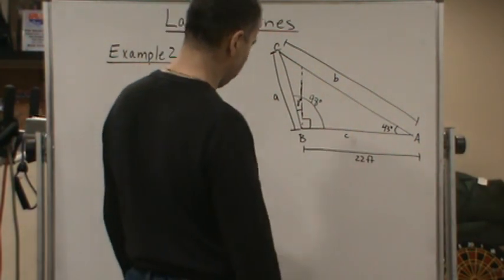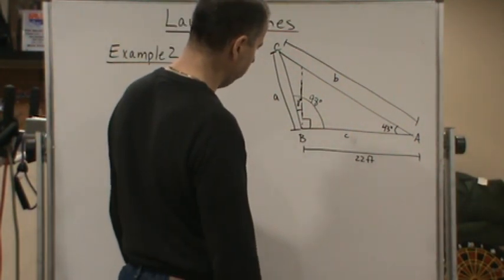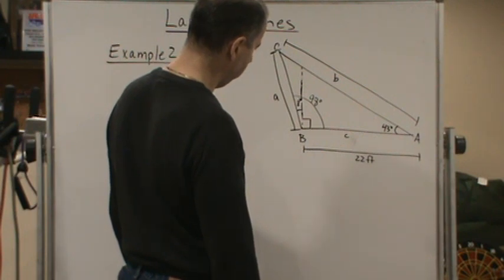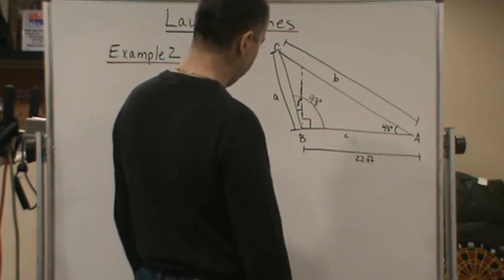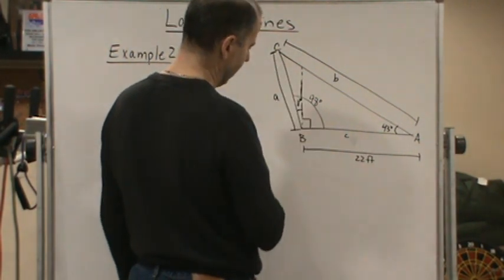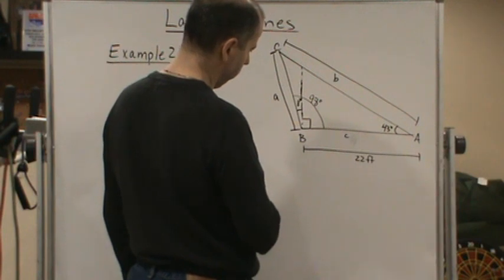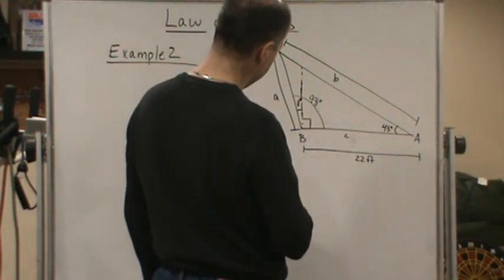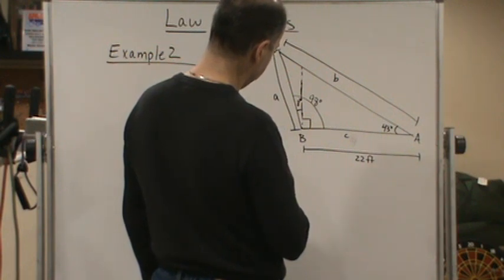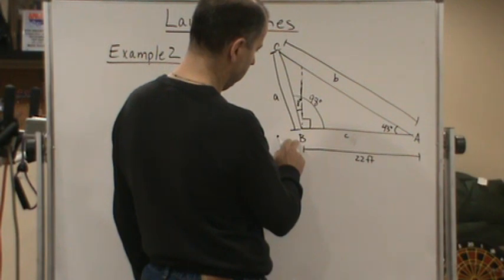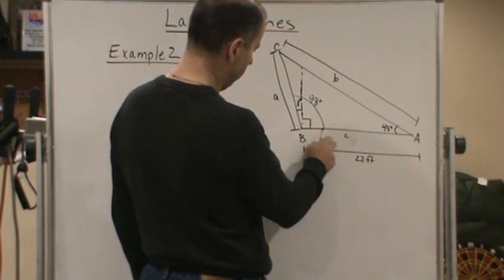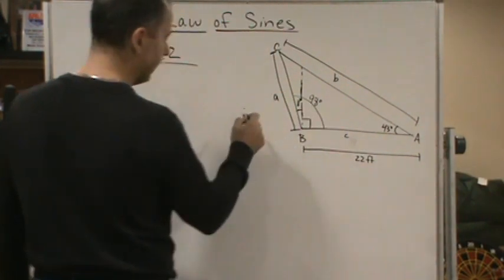So here we almost have enough information, but all we need is C. Let's see, we got B. Yeah, we need C. So C is going to be what?